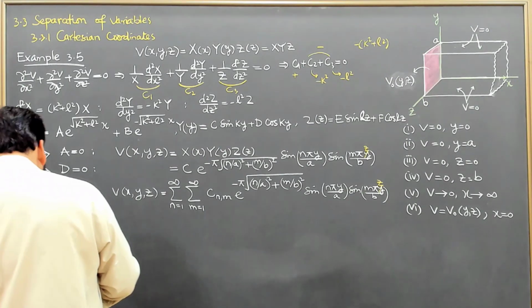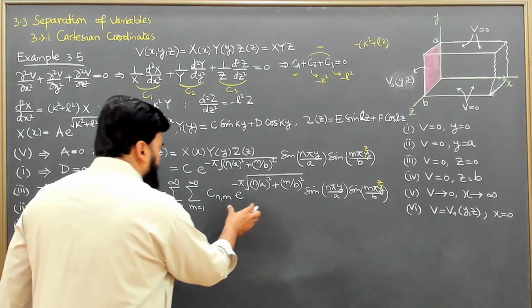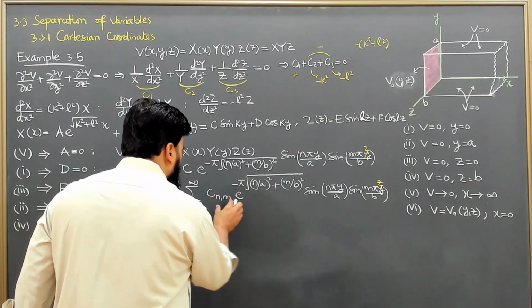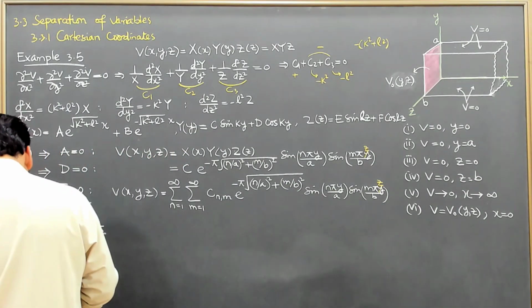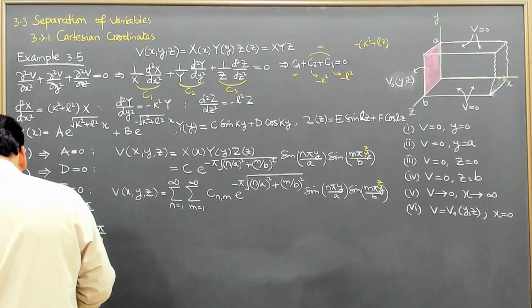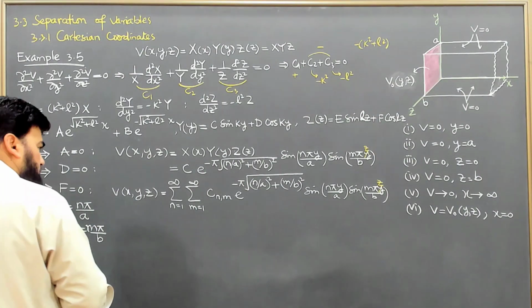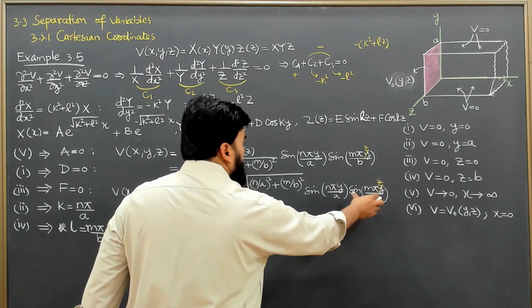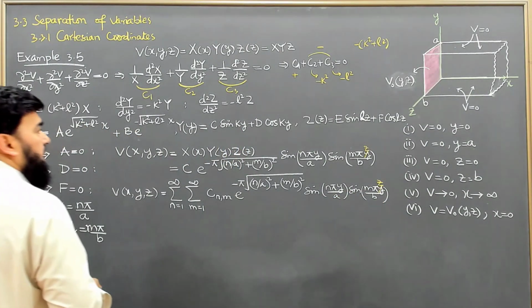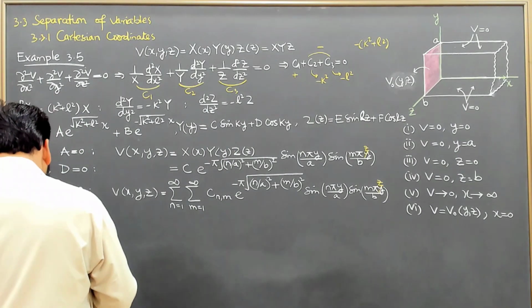Now we know that the constant portion, the C_nm, which we are having with the y and z component, because the y and the z component are responsible to give us a constant value V naught.